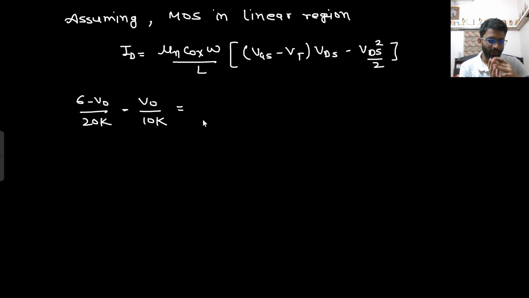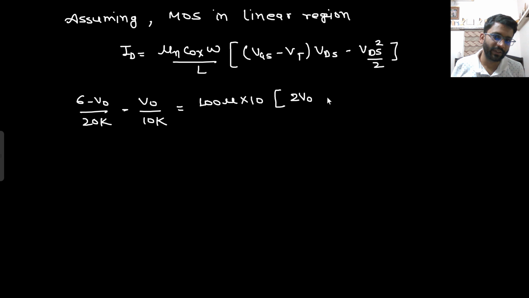That's why I am showing you all the calculation, because in this kind of question, calculation becomes a very important part. So mu and Cox is 100 micro, so I will certainly write 100 micro. I will not miss that. Into W by L is 10. VGS minus VT is 2. VDS is V naught only, minus V naught square by 2.